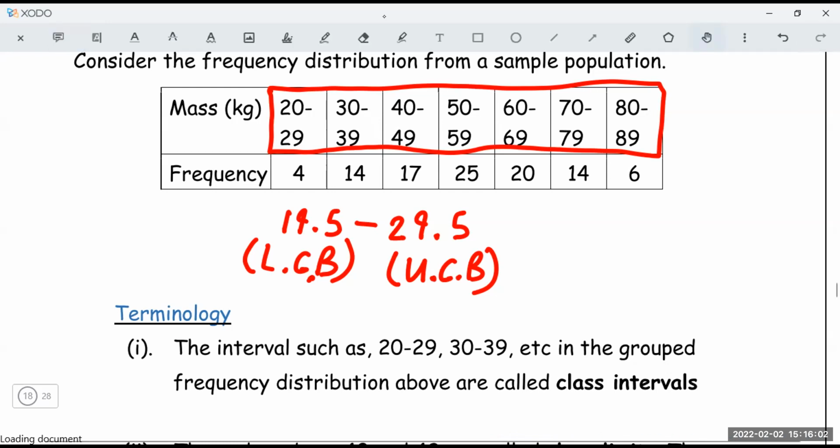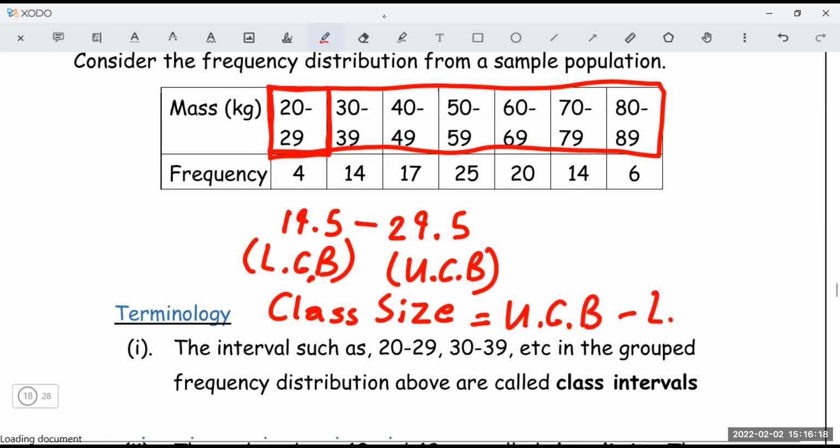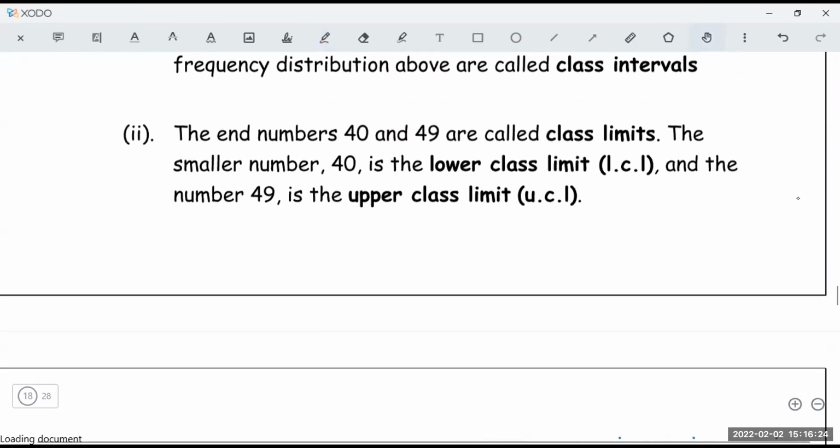Then what we say is that the class size, for all the intervals, is equal to the upper class boundary minus the lower class boundary. That's how we find the class size, or some people might call it the class width.